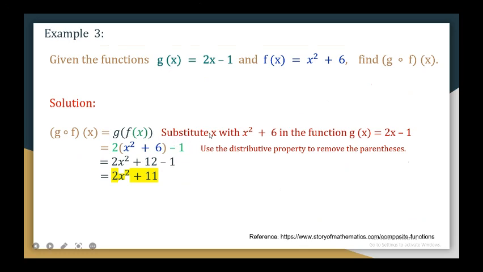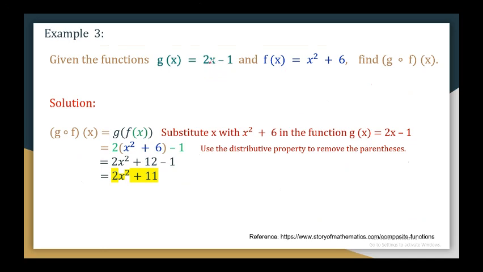So we substitute x with x squared plus 6 in the function g of x is equivalent to 2x minus 1. Okay, so the x in g of x function, yung x dito, we are going to substitute it with the value of the f of x, which is x squared plus 6.